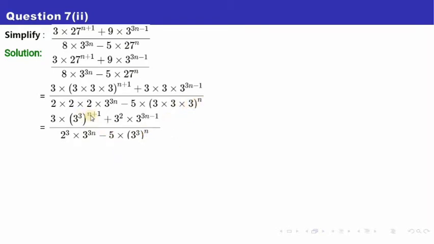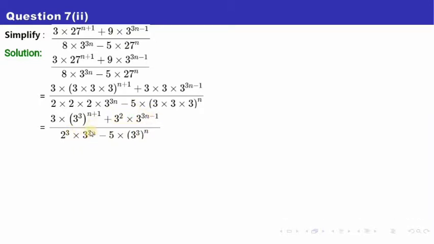Now if you look at this, you need to multiply the powers, isn't it? And in this case, you have 3 squared into 3 to the power 3n minus 1. So in such cases, you need to add the powers. Mark my words, I need to multiply the powers in these two cases, and here the powers will get added.